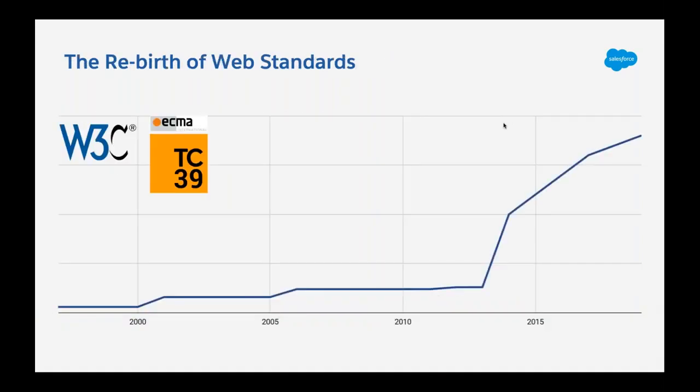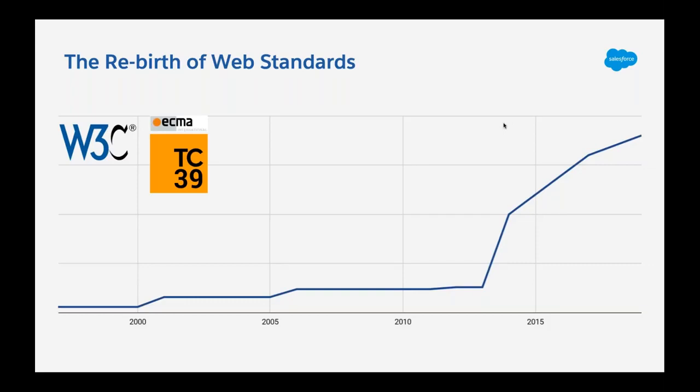Now, 2014 was the turn of history in terms of web standards. Web standards had become sort of stable across the last 15 or 20 years, and starting from 2000 to nearly 2014, there wasn't much happening on the web standard scene. But starting from 2014 and up till now, there's been a rebirth of web standards.